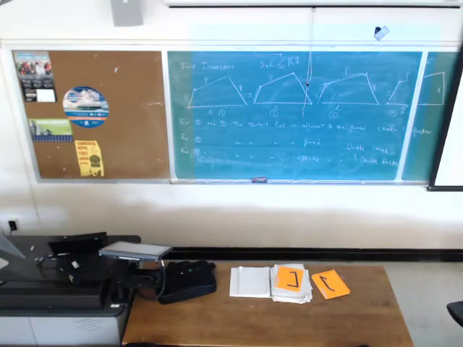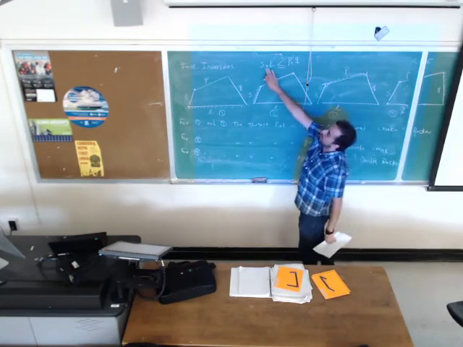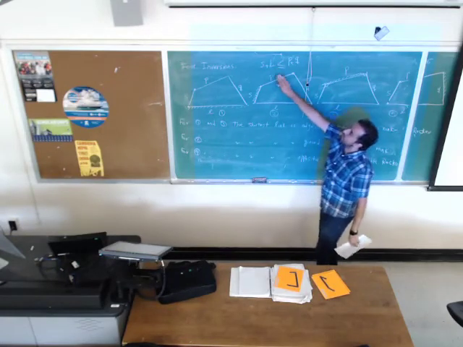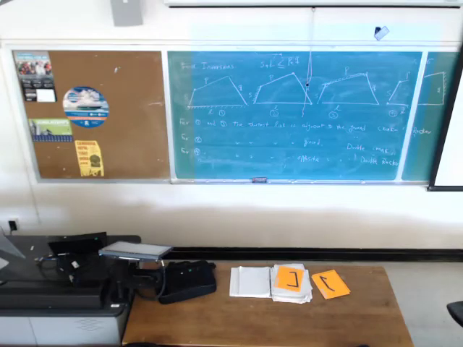Now, tell me how it's possible that we can have a Grashof mechanism, but neither of the links P and L can complete 360 degrees with respect to the ground. How is that possible?